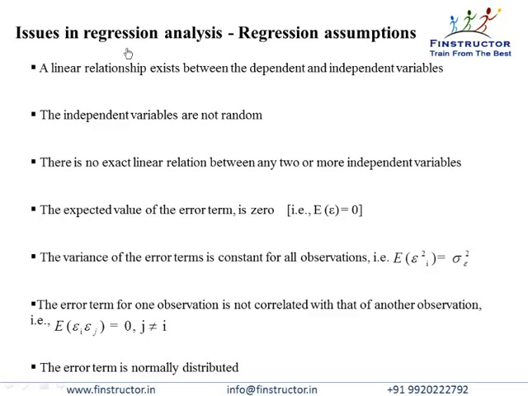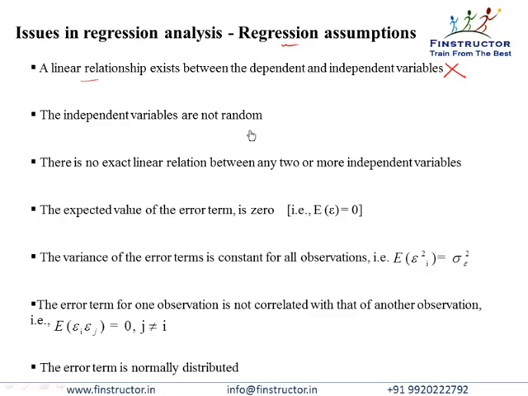Now, the issues in regression primarily come from the assumptions that we have made in the regression. So please recall, the assumptions were first that a linear relationship exists between the dependent and the independent variable. If a linear relationship does not exist, then linear regression cannot be done. We need to either transform the variables or find some other method altogether.